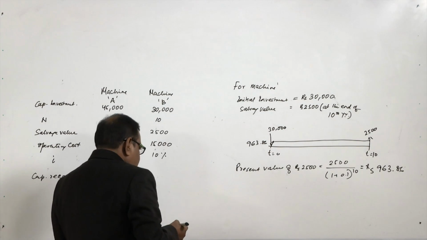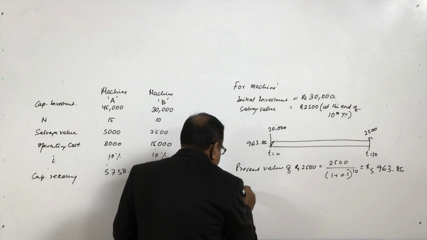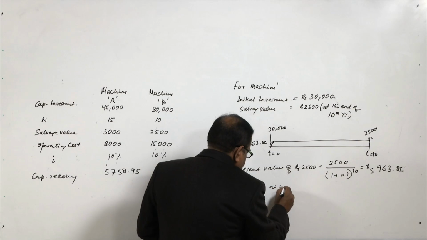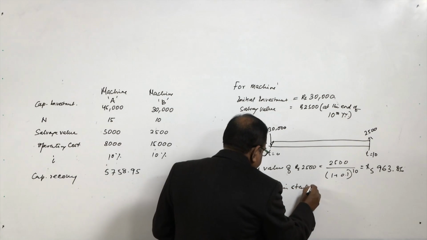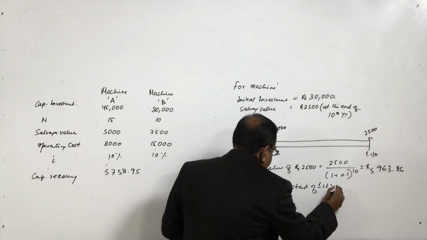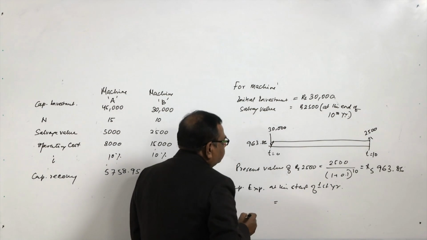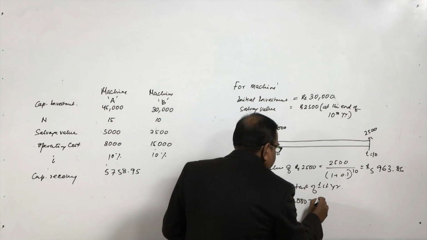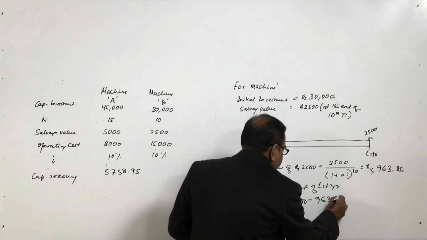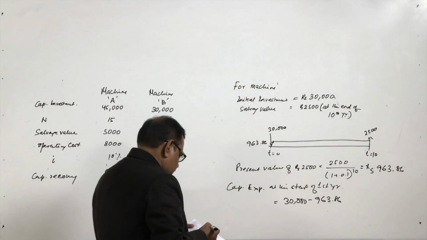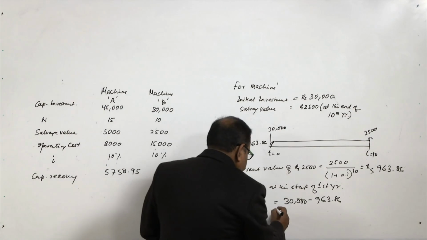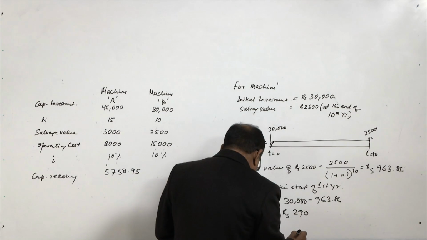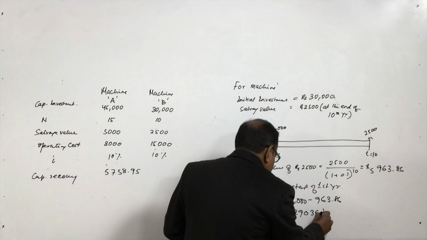So, the capital expenditure at the start of the first year is equal to 30,000 minus 963.86. It comes out to be rupees 29036.14.